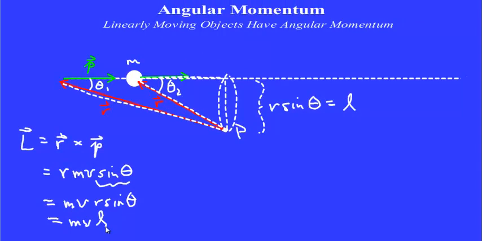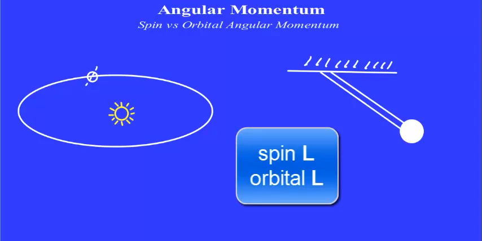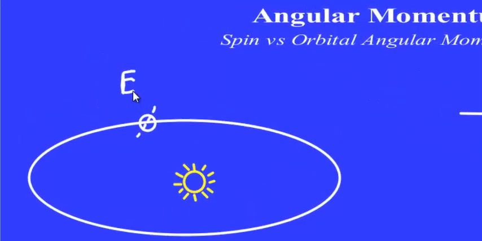Okay, let's move on to a few more topics. Angular momentum can be found in two varieties: the spin variety and the orbital variety. A practical example is the Earth. You see the Earth here moving around the sun. You know that the Earth spins as well as revolves. So the angular momentum of spin would be along the axis, or tilted axis, because the Earth's tilted.